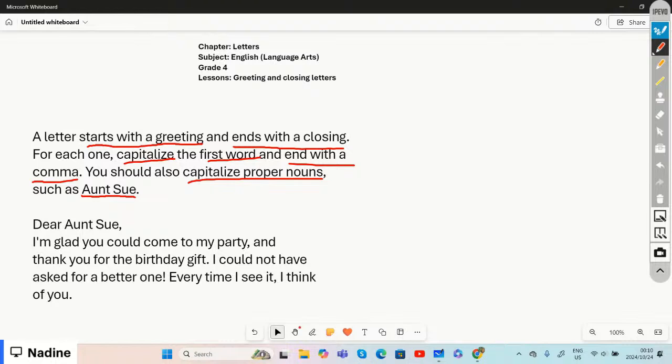And I'm going to switch by saying letters or a message because, like I say, nowadays we tend to write messages more on our cell phones or on our laptops by email, WhatsApp messages, DMs, and so on than an actual physical letter.